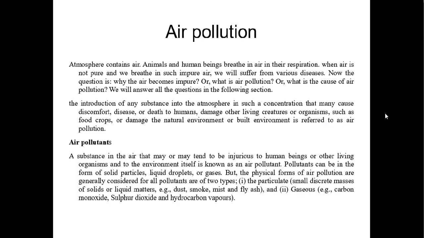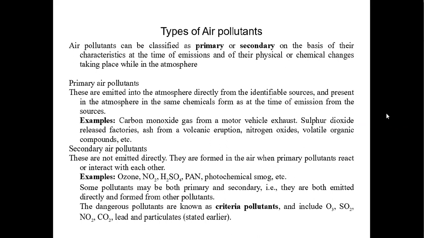One is primary air pollutant and another one is secondary air pollutant. The air pollutant which is emitted directly from the source is known as primary pollutant, and the pollutants which are released after the emission of primary pollutants, through reaction in the atmosphere, are known as secondary air pollutants.